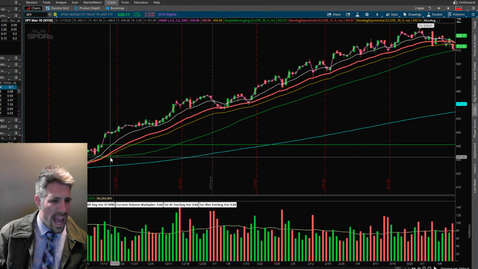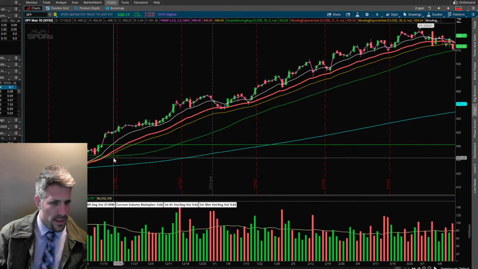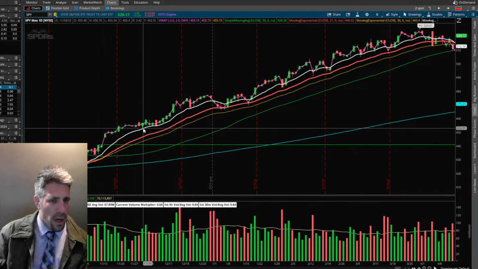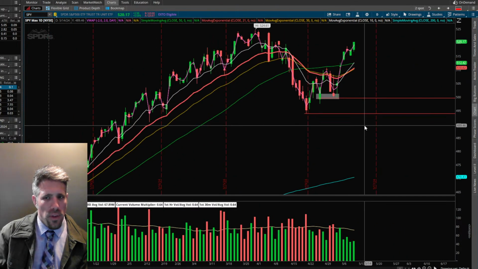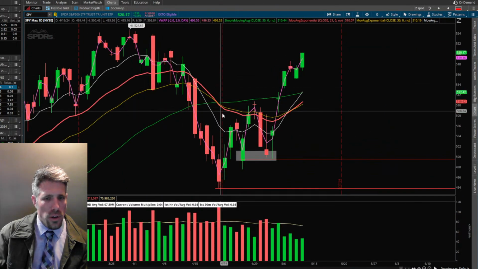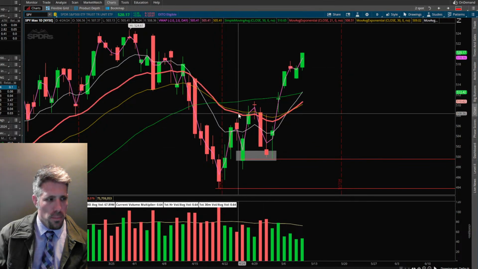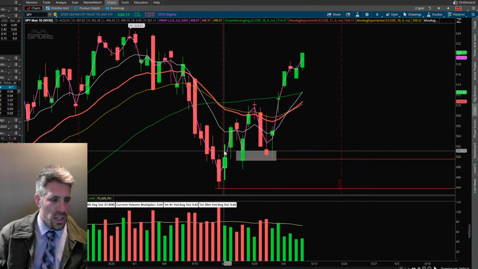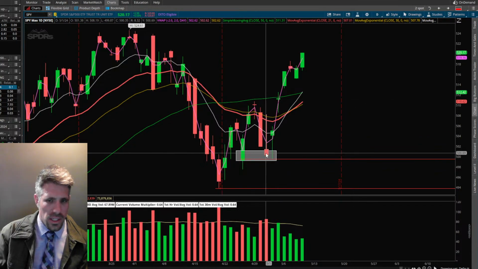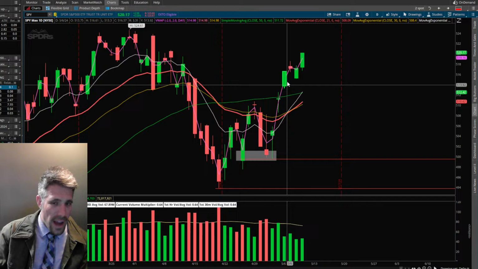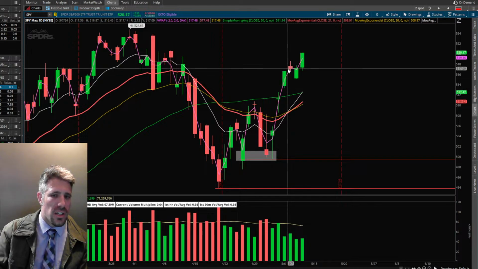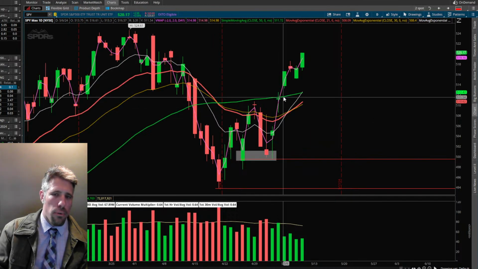So once we actually make that convergence right here, we break above and then we start to hold a new uptrend. Same thing with this. We break down and this starts looking like a bowl of spaghetti. As you can see, we start to break up to the north side, we start to head on higher, and then breaking out of that 50-day moving average that we first saw as the first area of resistance, now breaking above it.